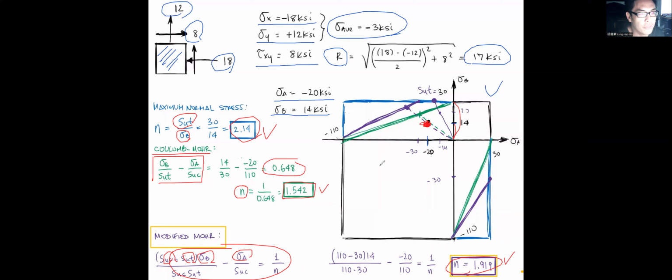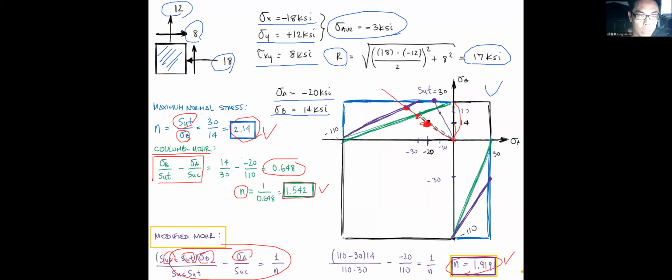From the graphic point of view, we already know the stress condition right here. If we draw a straight line from the origin, this line has an intercept with the modified Mohr stress envelope and the Coulomb-Mohr stress envelope.